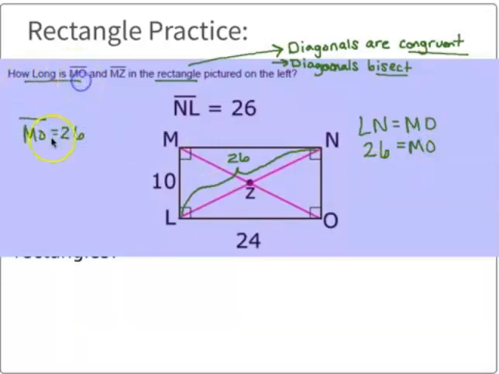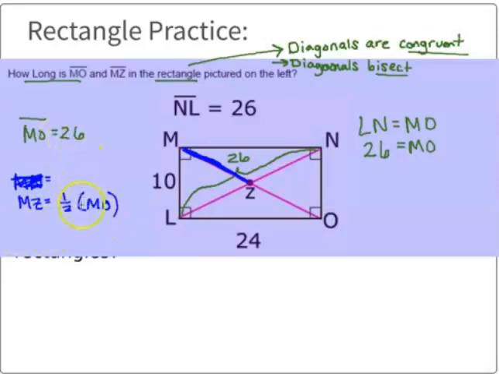So we answered one part of our question. The second part asks us to find the length of MZ. So the length from here to here, MZ. If the entire length is 26, we know then that MZ has to be half the length of the entire diagonal, MO.